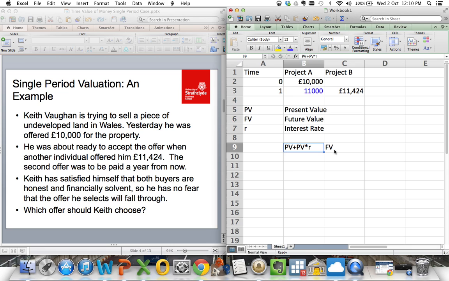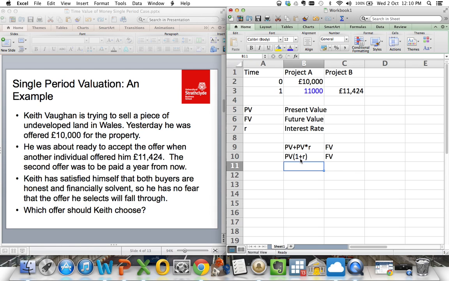Because if we wanted to make these the same, then we would set R such that the value in this cell is equal to the value in that cell. So what is that? It's PV times 1 plus R, because I'm just taking PV out. And we're saying PV times 1 plus R is equal to FV.